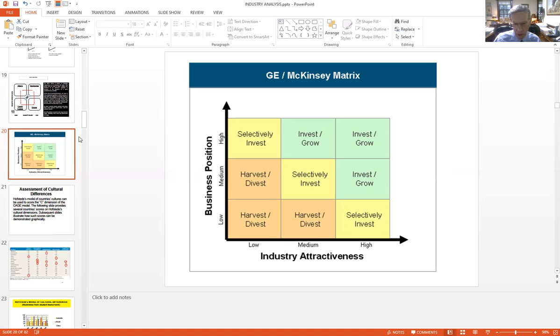So business position can be popularity of our company, it can be our technology, and so forth. So how attractive or how well positioned our firm is could be measured by market share, but there are a lot of other measures. And the same for the attractiveness of an industry. Could be measured by growth rate, but there are other measures.